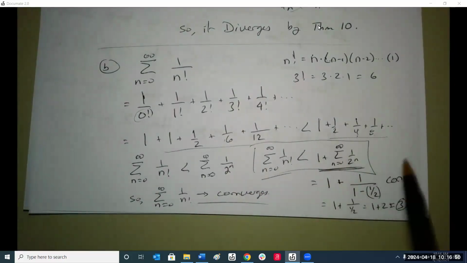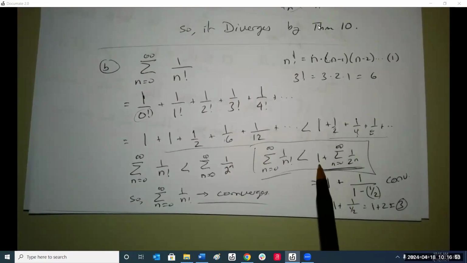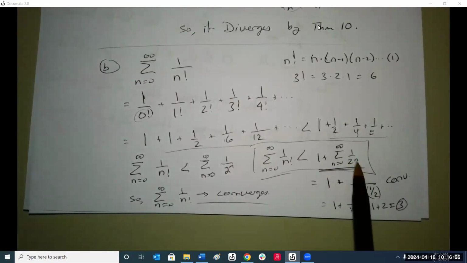Because we're comparing it to this sequence, 1 plus the summation of 1 over 2 to the power n. Right? There's another way to compare it, and that's by individual terms.